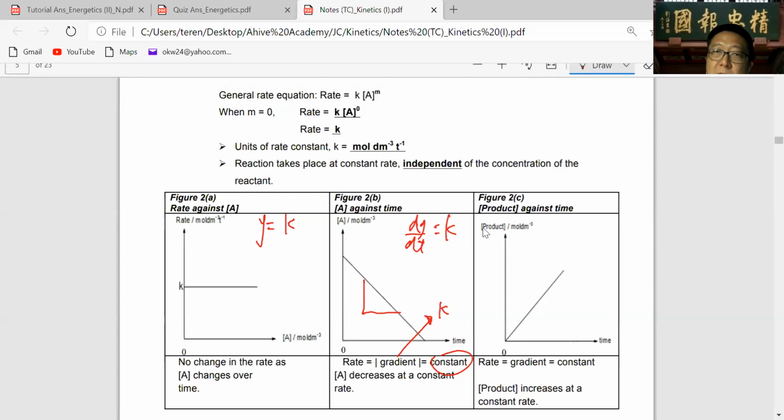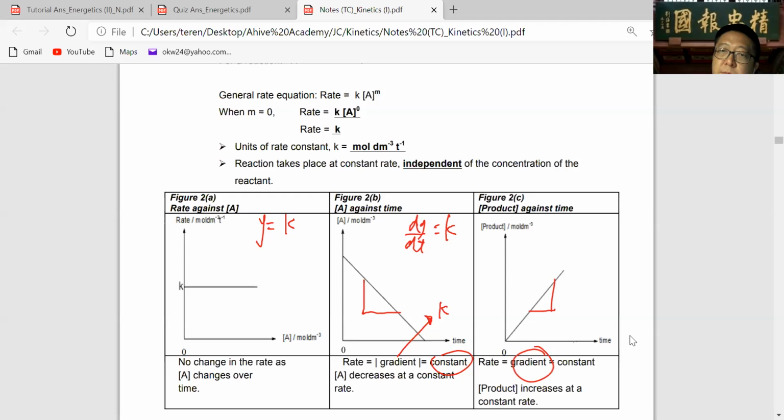Nothing happens. No matter where you are in the reaction, it is still k. Product against time is the reverse. Same thing. Instead of a curve going up, it is a constant gradient, increasing at a constant rate. So very simple. The graphs for zero order are very standard: all straight lines, no curve at all.